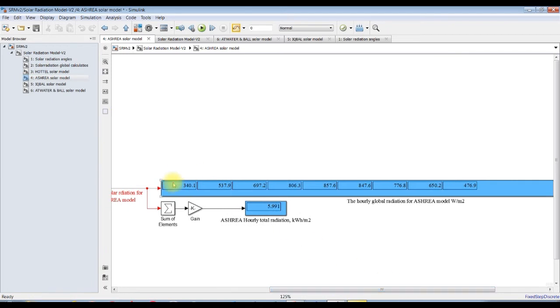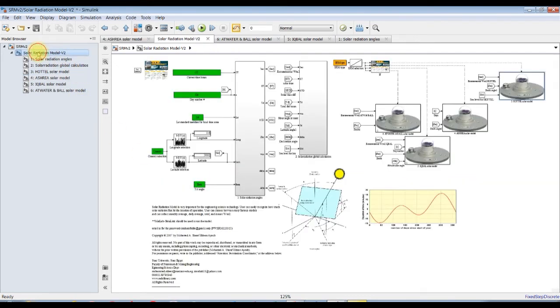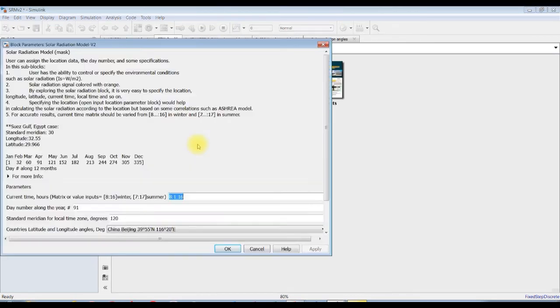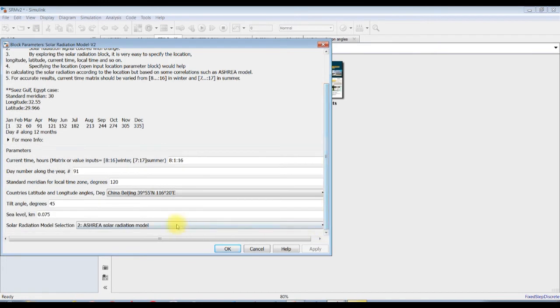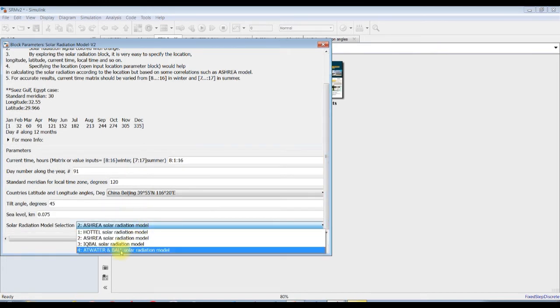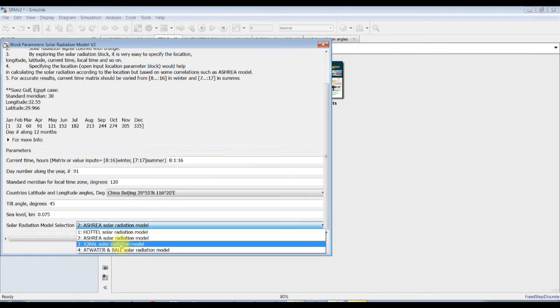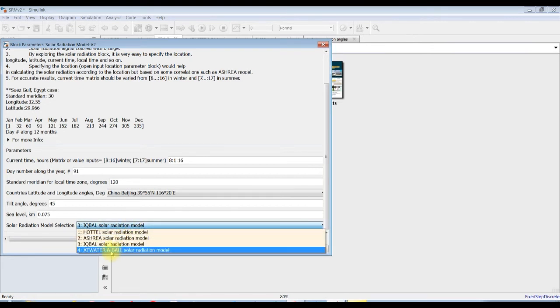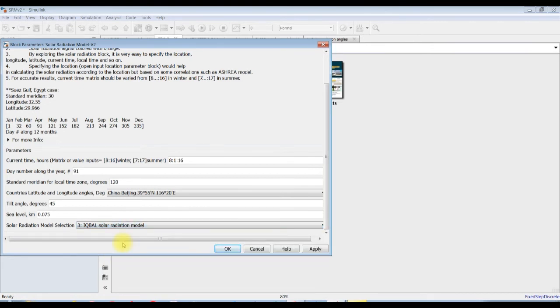This Ashrae model is a little bit different. This Iqbal model is different because it can estimate. Iqbal and Reuter and Paul considered ozone levels, scattered radiation in the sky, and water column, and so on.